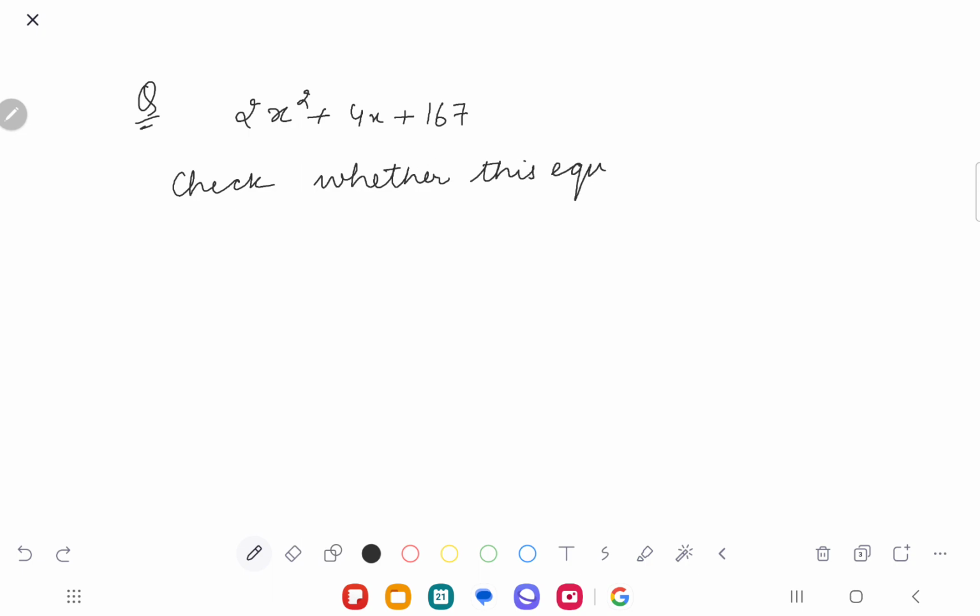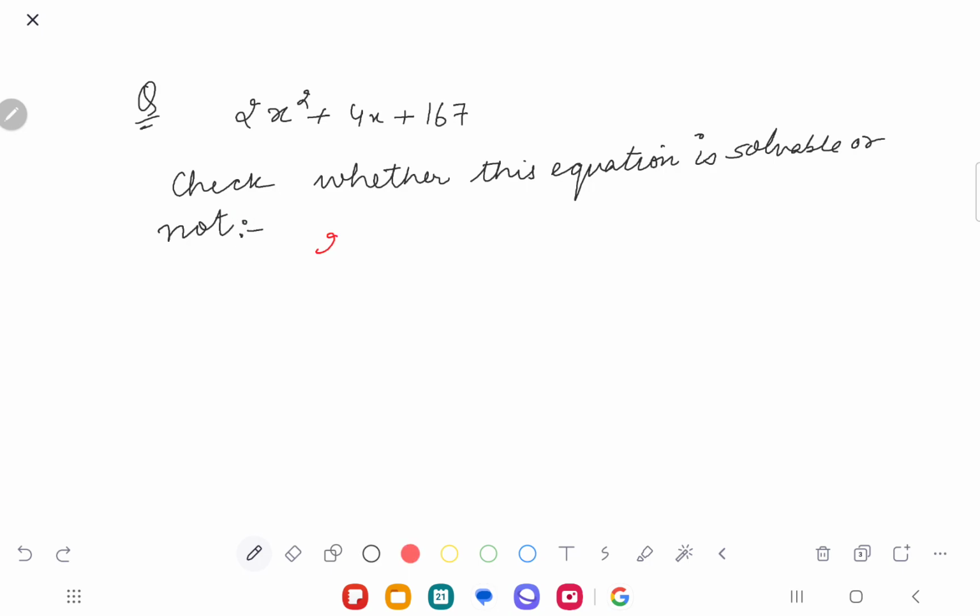Next question. Let's suppose I give you this equation, x square plus 4x plus 1. And I want to check whether this equation is solvable or not, and if it is solvable, then what kind of roots does it have?